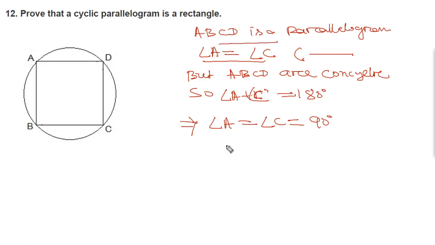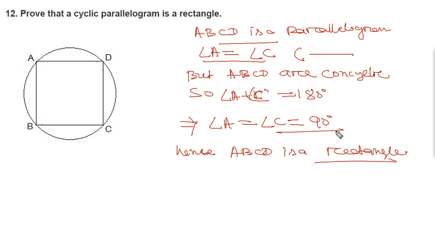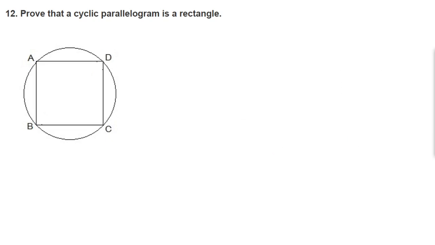In a parallelogram, if one of the angles is 90 degrees, then it will be a rectangle. Hence, ABCD is a rectangle, as one of the angles is 90 degrees. So this is the solution for this question, and this is the end of this exercise also. Please complete the exercise and submit the copy. Okay, thank you.